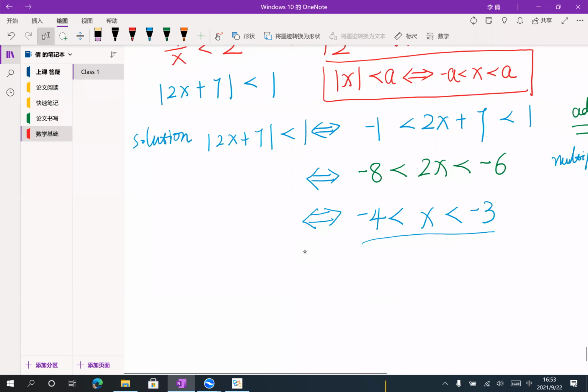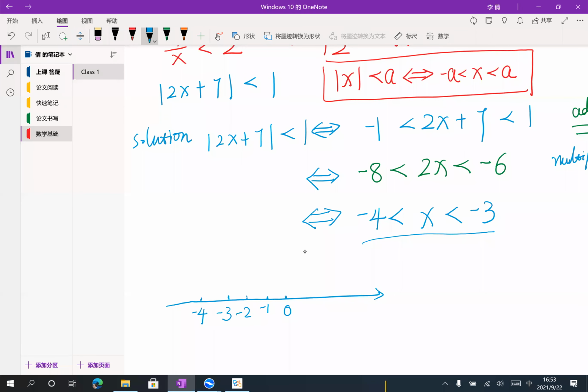And let's see it on the real line. Let's say this is a real line, and this is 0, this is minus 1, this is minus 2, this is minus 3, and this is minus 4.